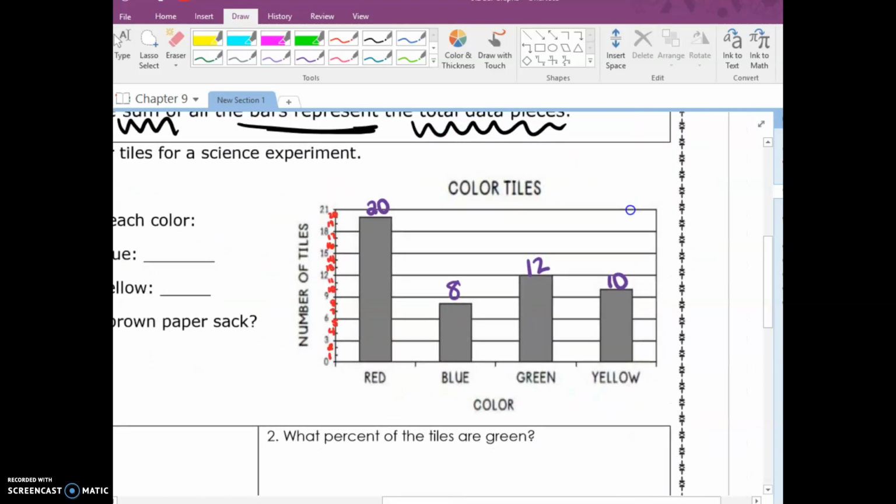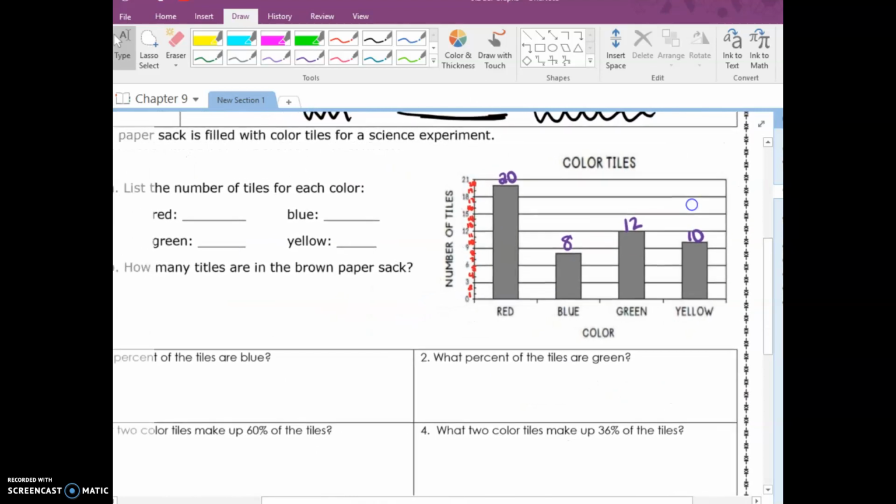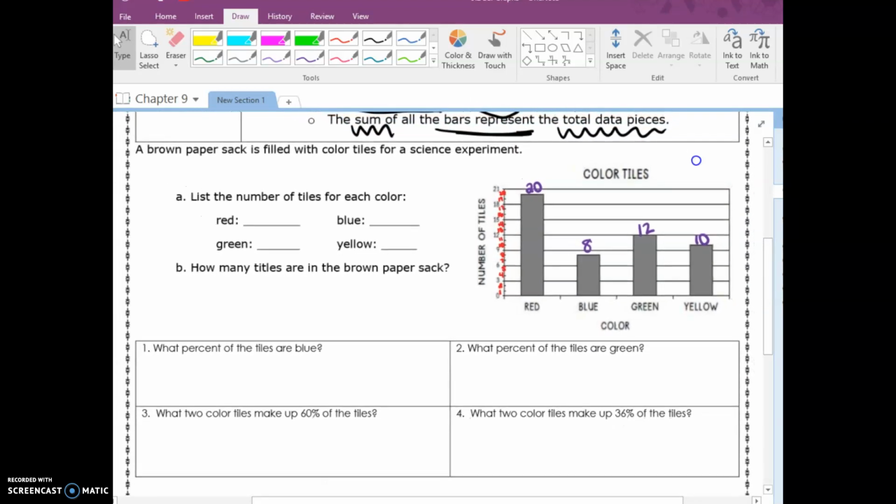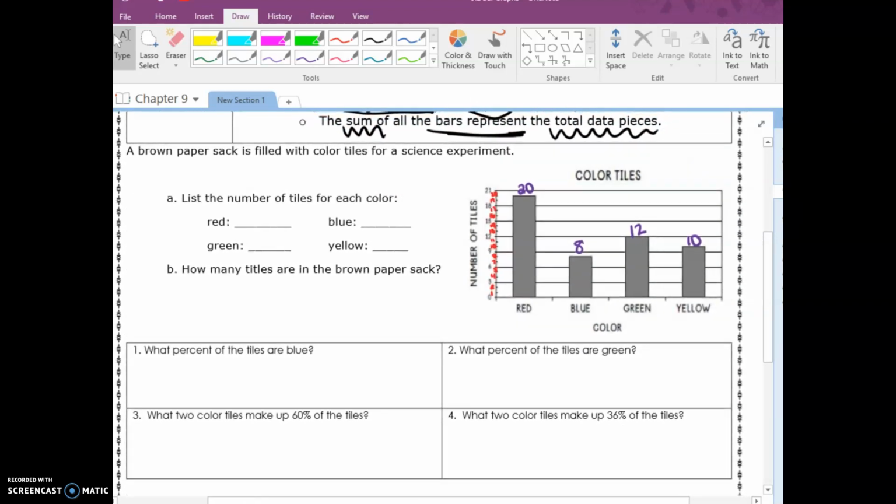So now let's look at some of the questions that it's asking. A brown paper sack is filled with colored tiles for a science experiment. We're going to list the number of tiles for each color in these blanks. So red is 20, blue is 8, green is 12, yellow is 10.